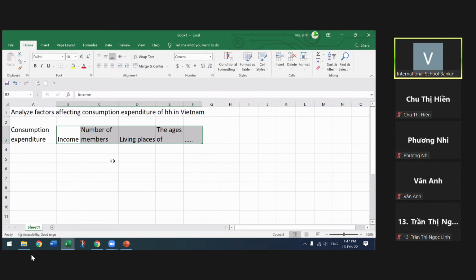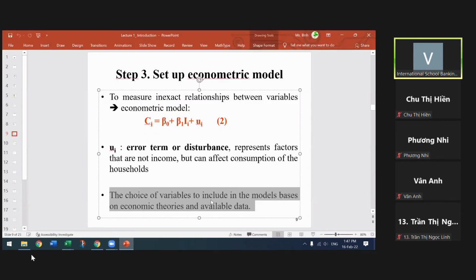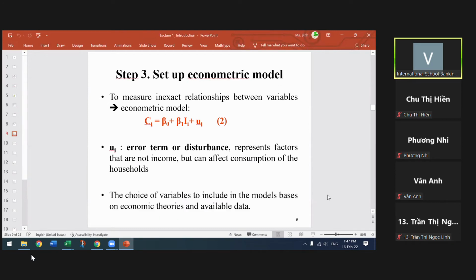So that's why normally we get data from a professional organization. And in the case they did not do the survey on that factor, we cannot get the data, so we cannot include that variable in the model. So this is the explanation to this point here in the slide.